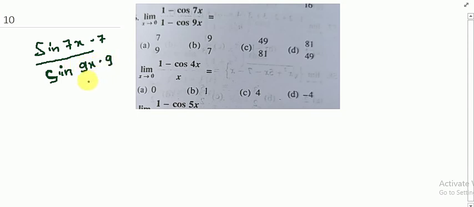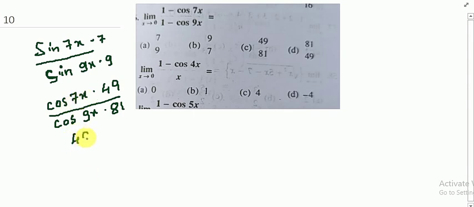Again it is 0 by 0 form, because if you substitute x tends to 0, you get sin 0 divided by sin 0. Therefore differentiate again. The derivative of sin 7x will be cos 7x into 7, but already we have 7, therefore it will be 49, divided by the derivative of sin 9x, which is cos 9x into 9, already we have 9, therefore it is 49 by 81. Now if you apply the limit as x tends to 0, cos 0 becomes 1, therefore the answer for this one will be 49 divided by 81.